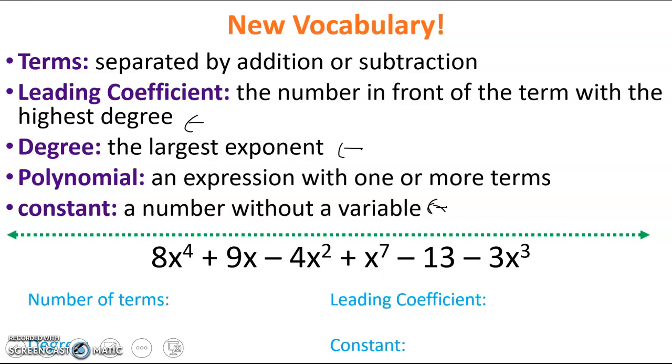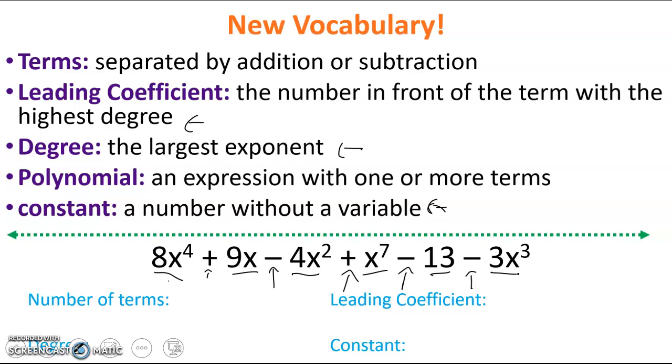First, going through the stuff down below, the number of terms. The number of terms is anything separated by an addition or subtraction sign. So this, then a subtraction sign, then this, then subtraction, then this, then addition, then this, then subtraction, then this, and then subtraction, and then this.